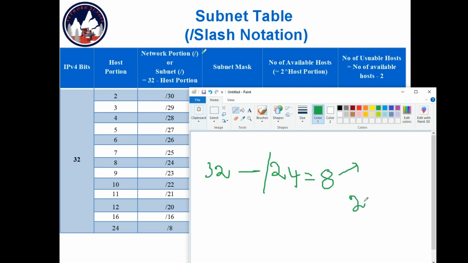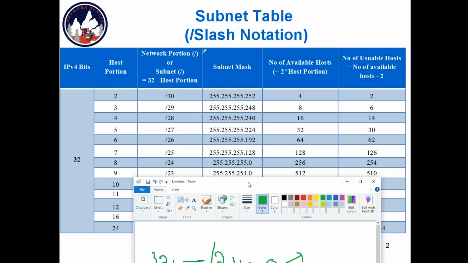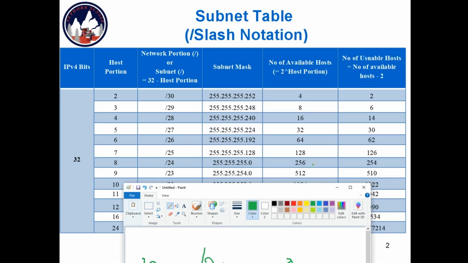So 2 power 8 equals 256. It is reduced by 2 because 2 IP addresses are used for the network address and broadcast address. So the valid IP addresses are 254. For example, 256, then 254 is the combination.